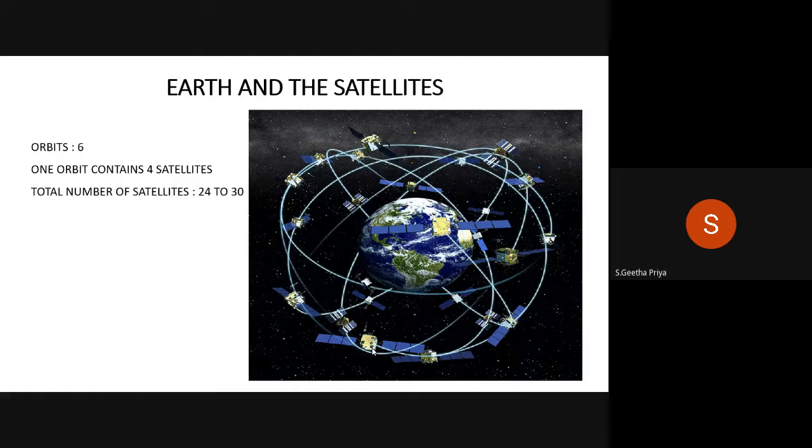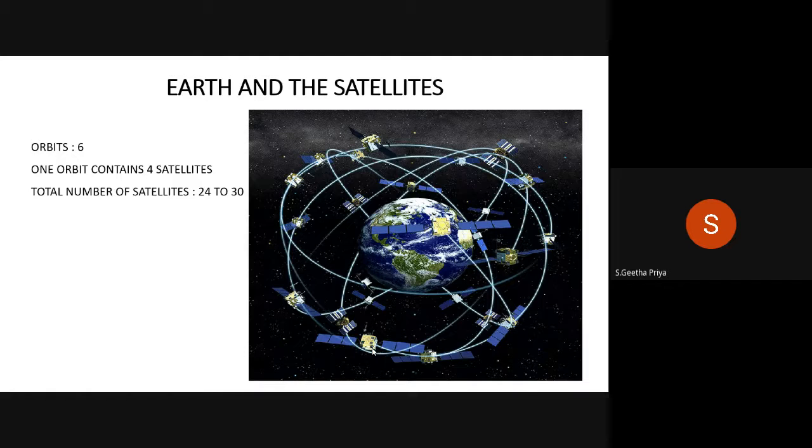Like if you want to travel from one place to another using GPS, you can find the route between two cities, a starting node and an ending node. We can find the route for traveling from one place to another. So this is how GPS is used.